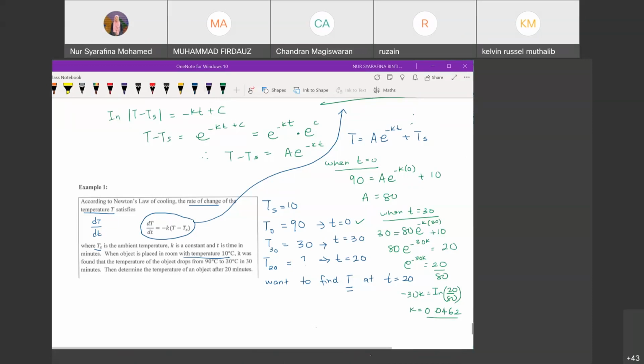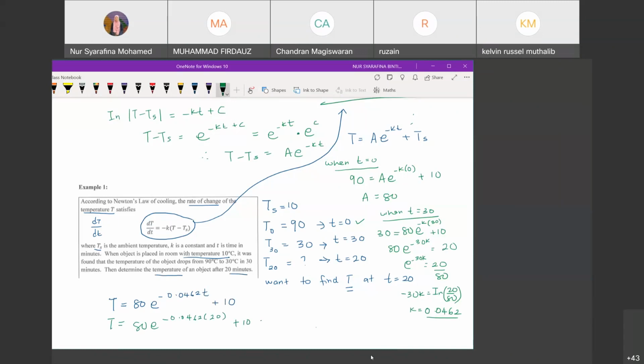Now the equation becomes T equals 80e^(-0.0462t) plus Ts, which is 10. So this is the particular solution of this problem. Now our problem is to find the temperature after 20 minutes. So we just need to substitute t as 20 minutes.